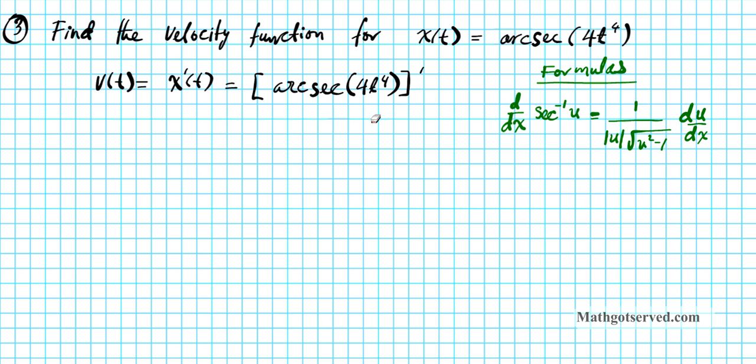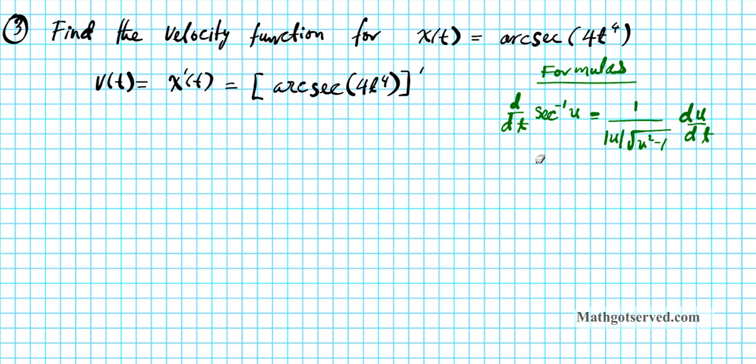And then when we're differentiating the inner function, we're basically going to be using the power rule here. In this case, we're differentiating with respect to t, so let's be consistent with that: d dt, since that's what we're looking for with respect to time, du dt.